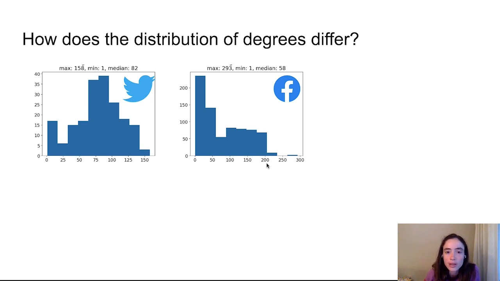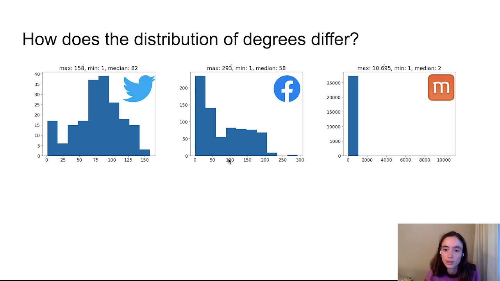We see more of the users, so more people, are friends with 50 or fewer other friends in the network. So we see more of a loading towards the lower degree vertices, with one person in the network having 293 connections. So that person has many different friends among just this group of friends that's being analyzed currently, but that's outside of the norm, and we can see that based on looking at this distribution.